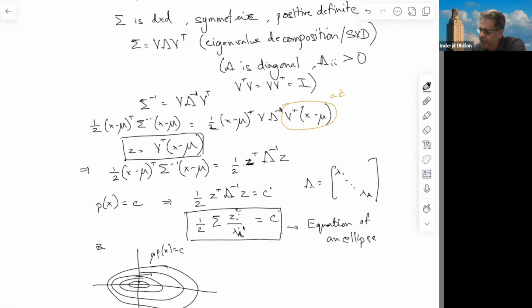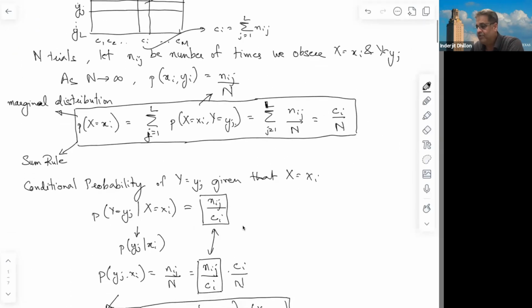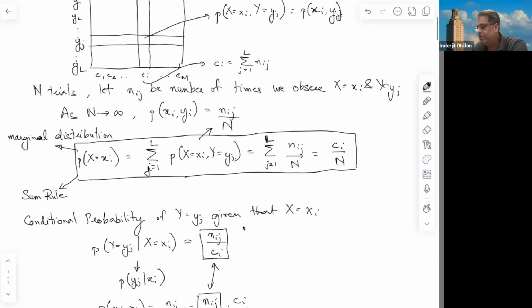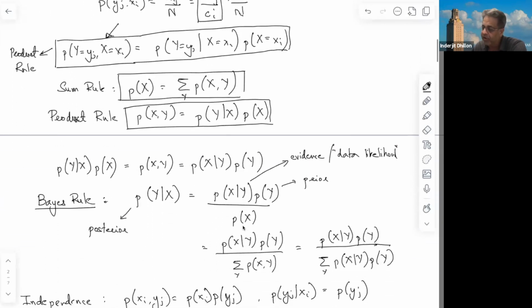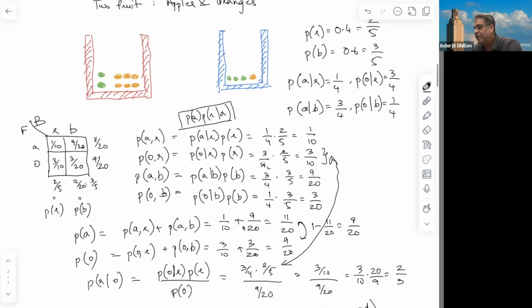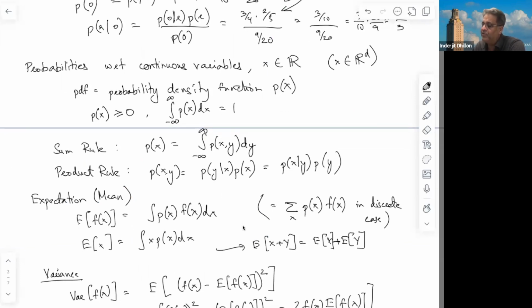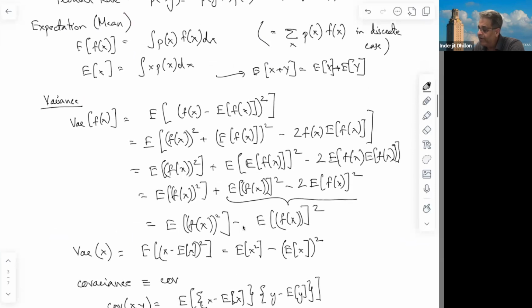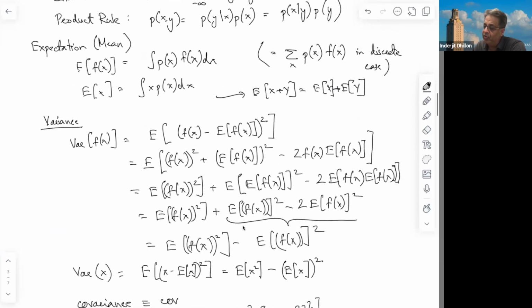Just to recap, I started off, somewhat slowly, talking about discrete joint distributions and discrete random variables, and we saw that there is a sum rule and a product rule. Then we extended it to probability density functions where we have continuous variables, with similar concepts: mean, variance, sum rule, product rule.